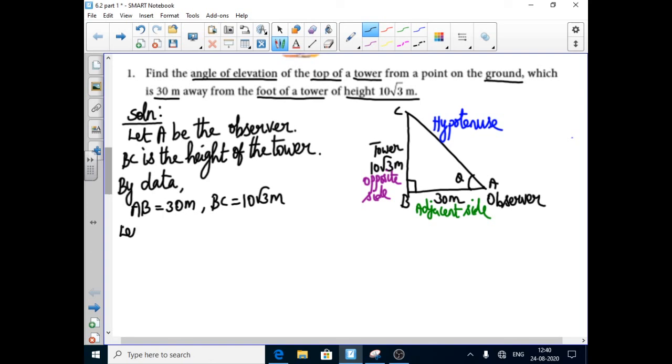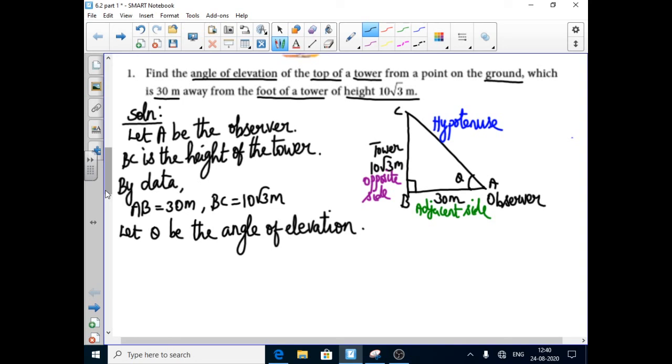Now we want to find theta. Let theta be the angle of elevation. They ask for elevation, so let theta be the angle. To find theta, you have to take the given values from the diagram.